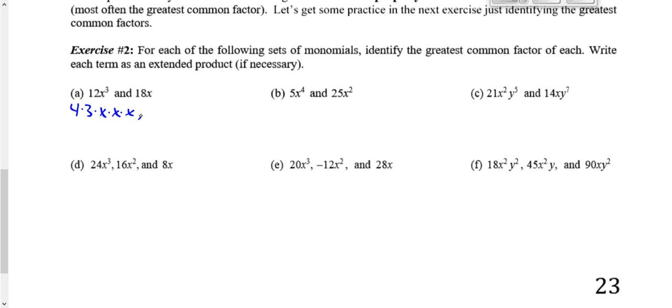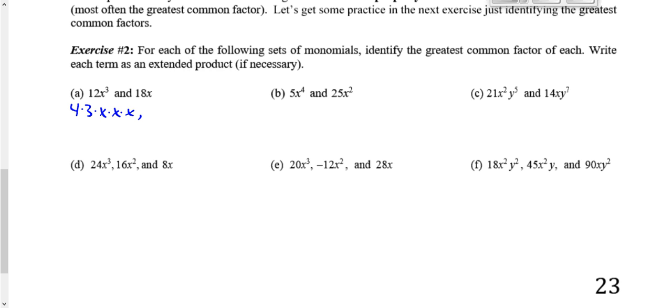9 times 2, but don't I want to try and get a common factor? 6, how about 6 times 3? Actually, couldn't I do 3 times 2 times 3? Let's do it this way. Your greatest common factor would be 6.